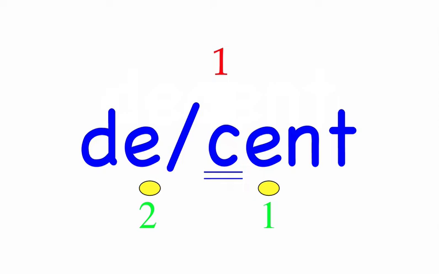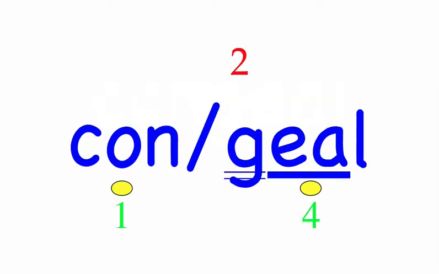Row 3, congeal. Congeal. The sauce in the salad will congeal. Congeal. Con, 3 sounds: k, a, n. Geal, 3 sounds: j, e, ul. Congeal. Mark the word. Fable.